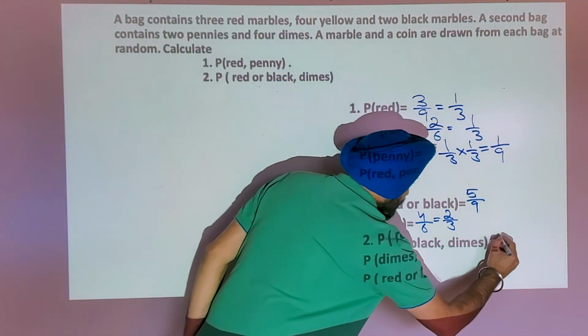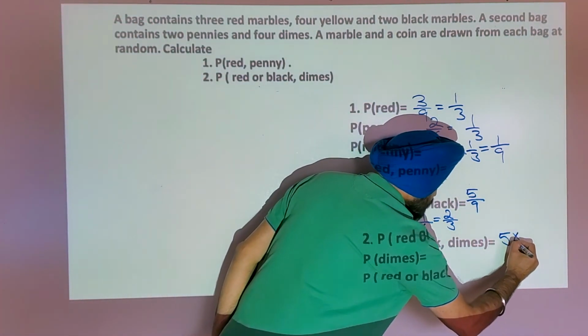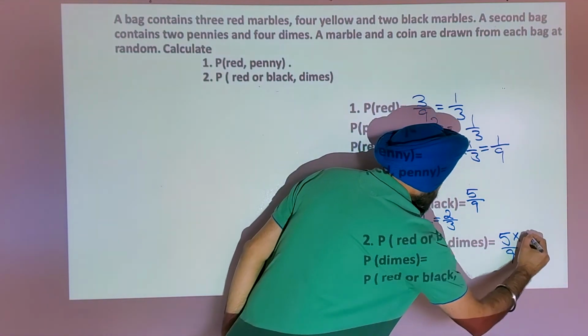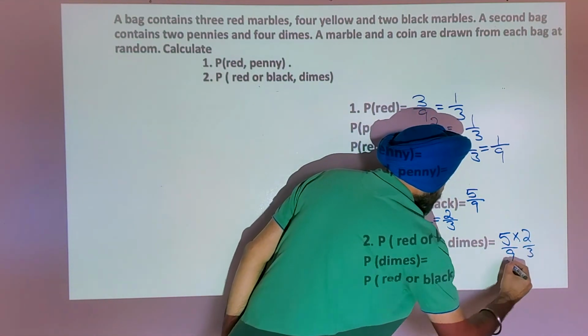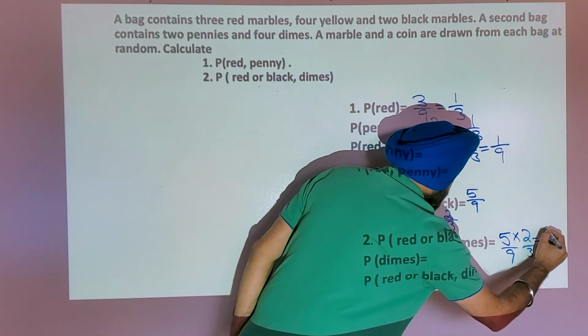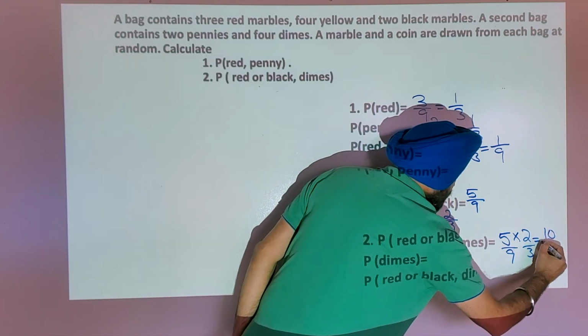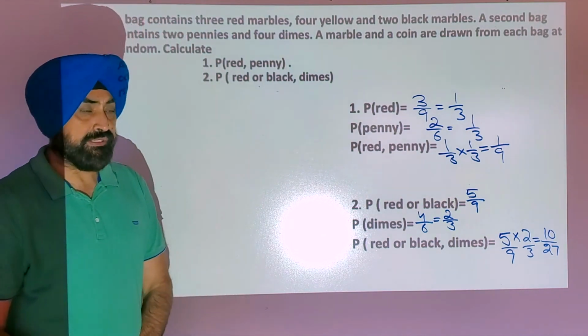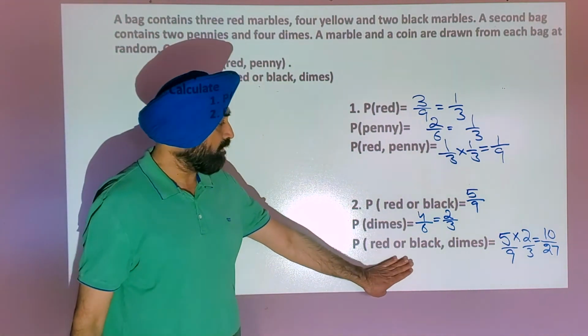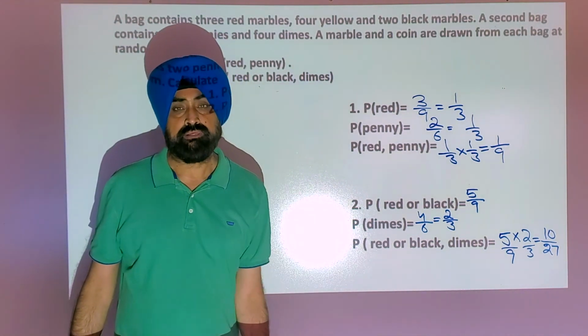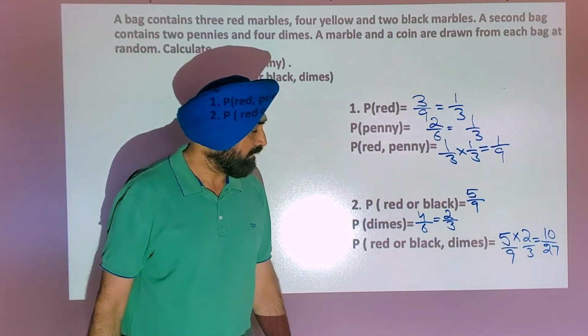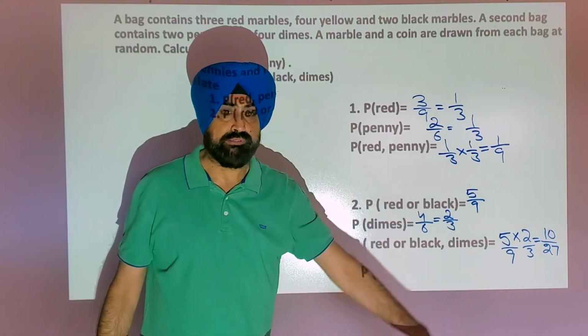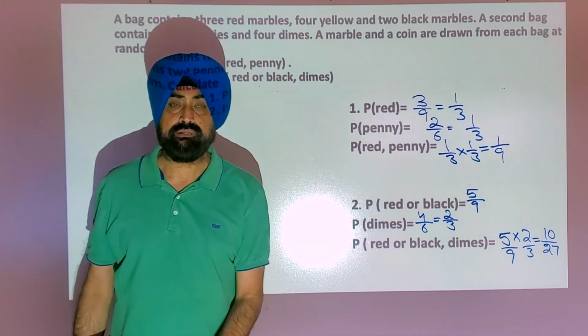So we do 5 over 9 times 2 over 3. Multiplying top by top, 5 times 2 is 10, 9 times 3 is 27. We cannot reduce it further. So the probability that red or black and dime come is 10 over 27.